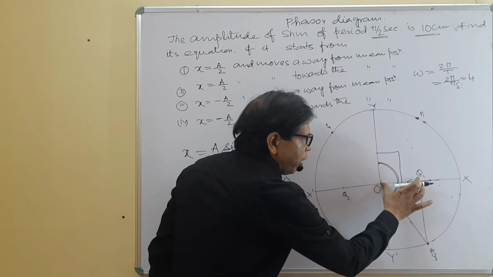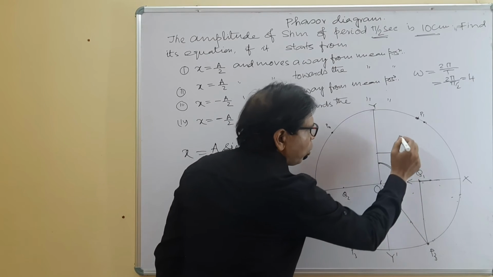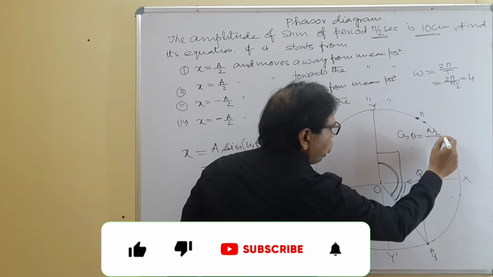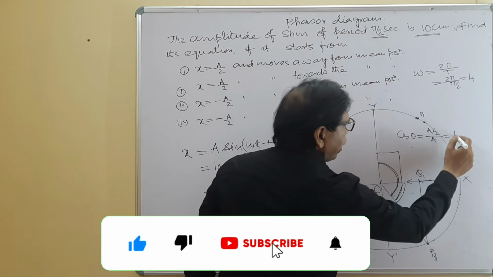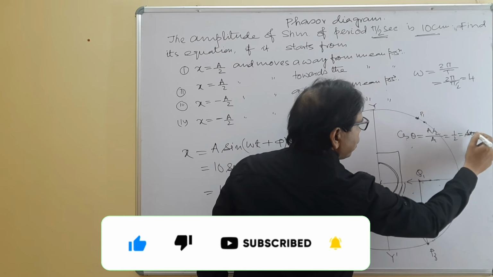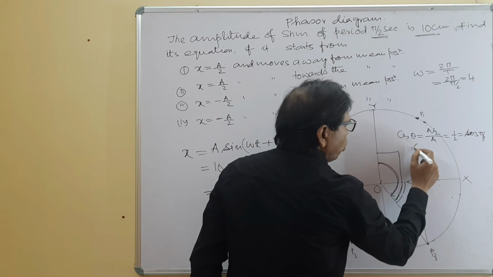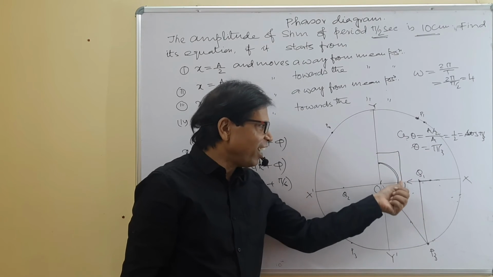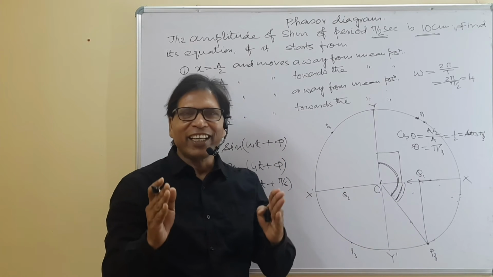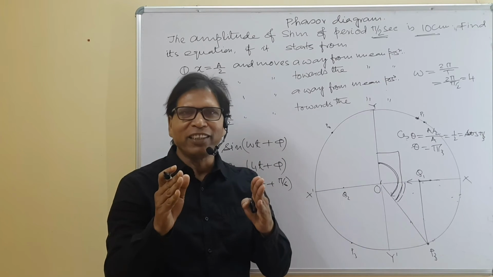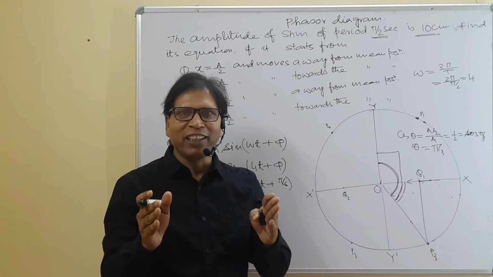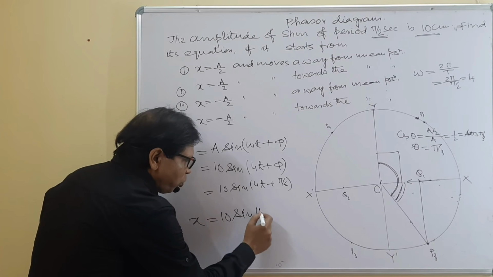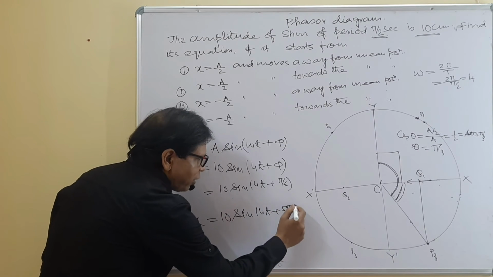This is a by 2 and this is a, so cos theta equals a by 2 by a, that is half, which is cos pi by 3. So theta equals pi by 3, and this is 90 degrees. So the initial angle is 90 degrees plus pi by 3, that is pi by 2 plus pi by 3. So the equation becomes x equals 10 sin(4t plus 5 pi by 6).